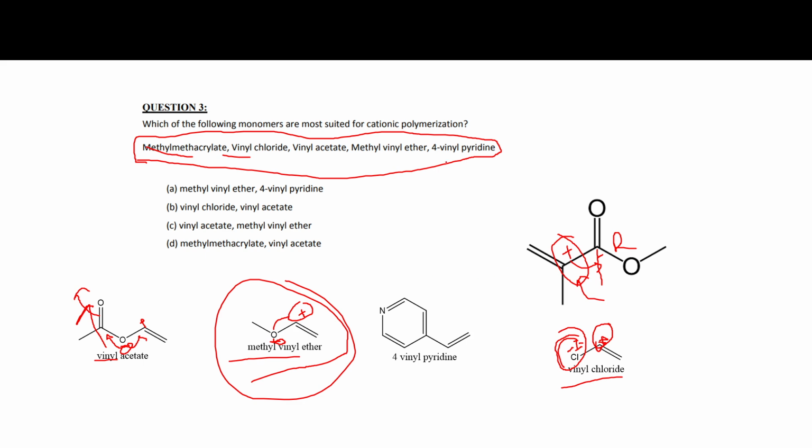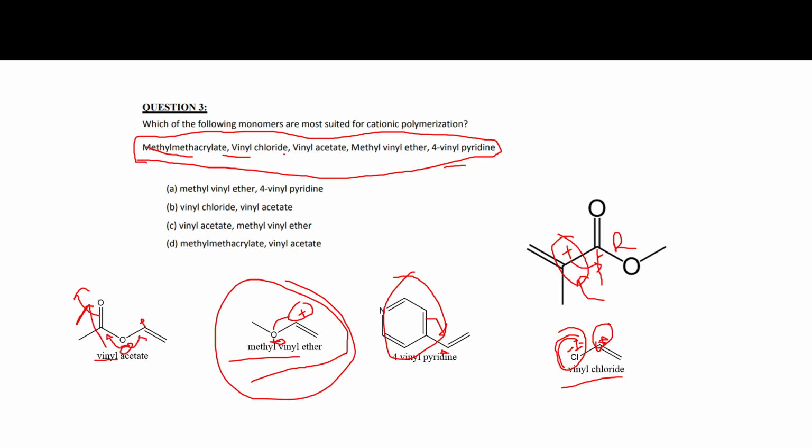And next is N-vinyl pyridine. The carbocation is formed from here. Since some benzene-like ring is present next to that carbocation, it stabilizes this carbocation by resonance.